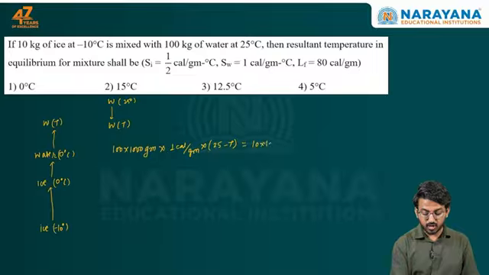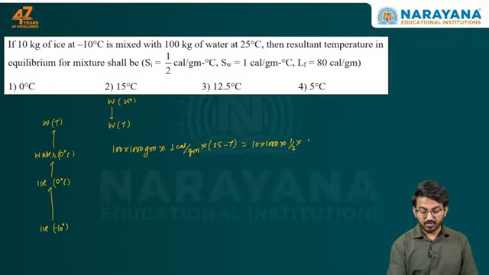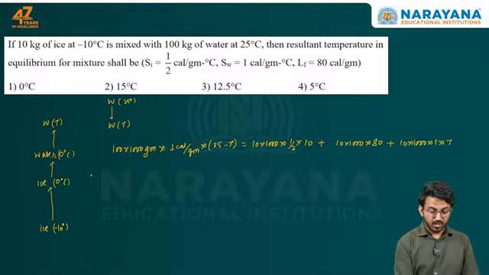Again, I need to convert it to gram. Into half is the specific heat here, multiplied by delta T, which is minus 10 to 0. That's going to be 10 here, plus ice converting to water, which is again 10 into 1000 multiplied by 80, and then water going from 0 to T, so again 10 into 1000. For water the specific heat is going to be 1, and delta T is going to be T, 0 to T here.